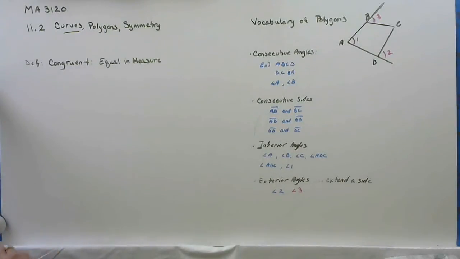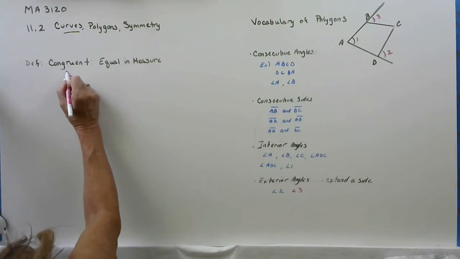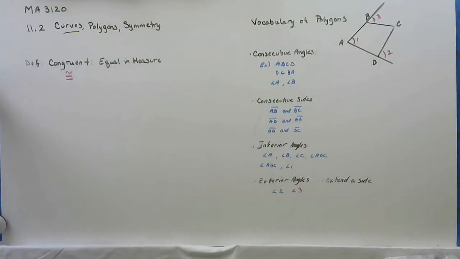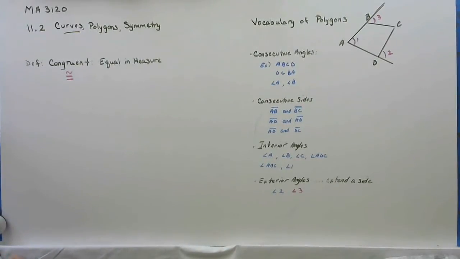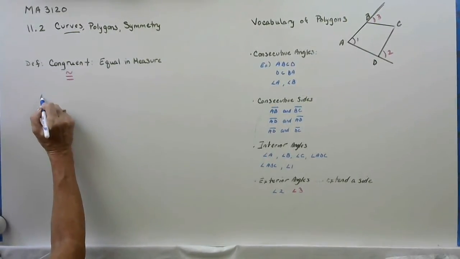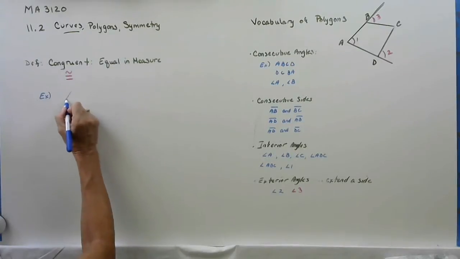Congruent has a symbol. The symbol for congruent is an equal sign with a squiggle above it. So say, for example, I give you this triangle, and let's say I give you this triangle right here.